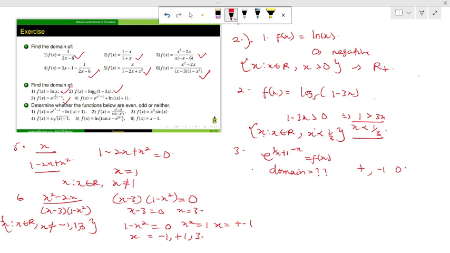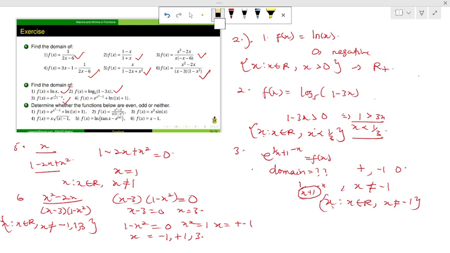We can't put in any x because once the power is undefined, the whole thing becomes undefined. So our interest is at the 1 over x plus 1, minus x. Here you know that x cannot be -1, right? Therefore, the domain is x is such that x is a member of all real numbers where x is not equal to -1. That's all.